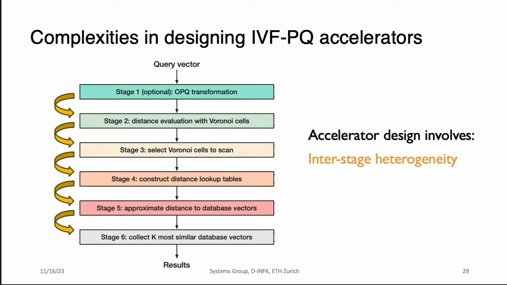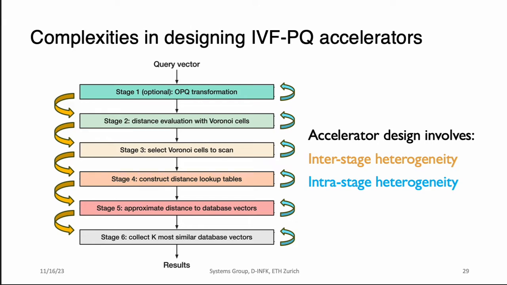So in order to build a hardware accelerator, we have this interstage heterogeneity where we need to build a different processing element for each search stage. And then, even within a search stage, there can be multiple types of hardware that have different performance and resource consumption trade-offs.